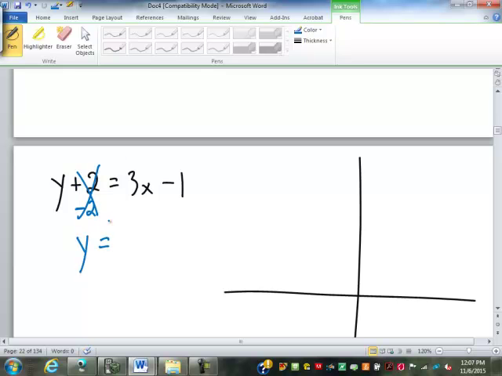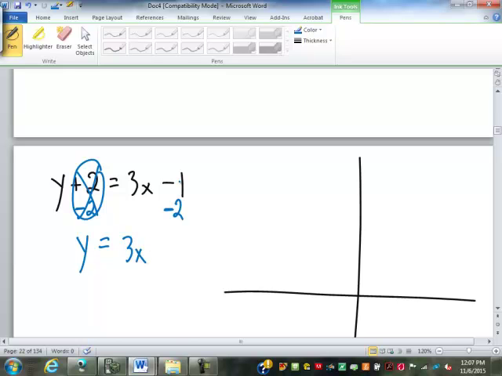Now when we add or subtract from one side of the equation, we must do the same to the other side, obviously. But when we add or subtract, we only have to do it to one piece on each side of the equation. We were able to subtract 2 from that. We didn't have to subtract 2 from the y. We just had to subtract it from the 2. So on the other side over here, I only have to subtract 2 from one piece. Well, I can't take it from 3x, so I'm going to have to subtract 2 from the negative 1.